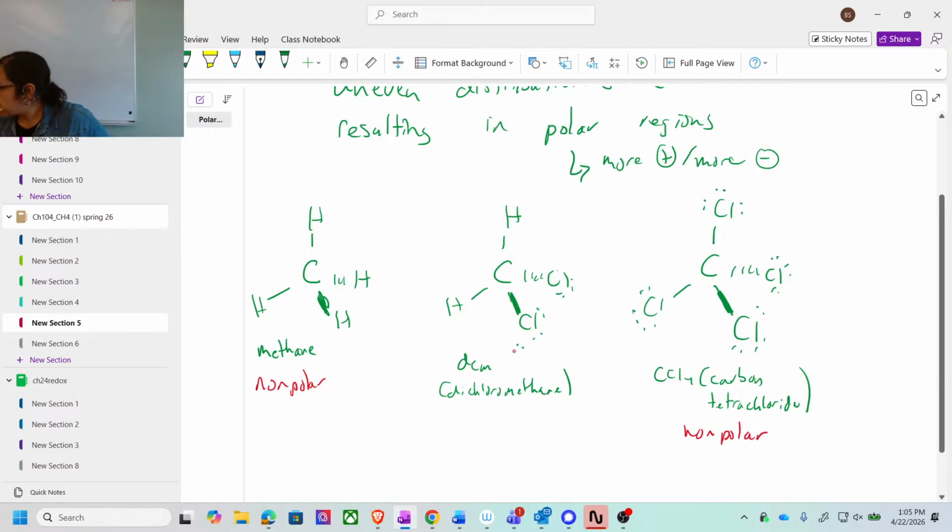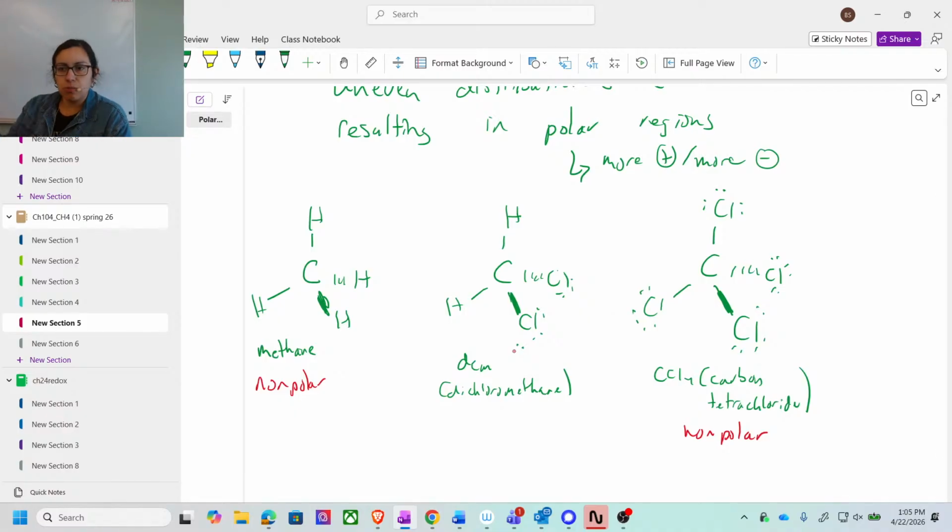I don't know how people's brains work, whether that's obvious or not. The other way to think about that is you can add the vectors, and it depends how much physics and math you've had with vectors, where either that totally makes sense or, otherwise, I would say try to look for unevenness. So we're comparing methane and carbon tetrachloride.